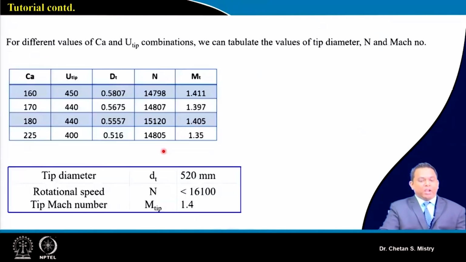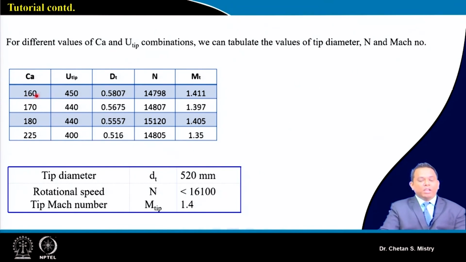Here are some of the iterations we have done with different combinations of axial velocity and peripheral speed. Here again, let me tell you, one can go with a flow coefficient assumption, and you can do this calculation that way also. In order to showcase what parameters we need to select, this is the reason why we have selected these numbers.